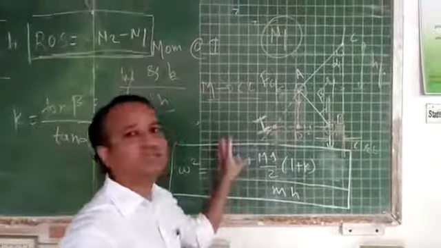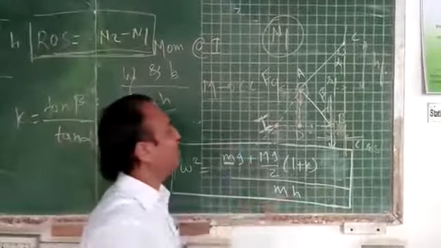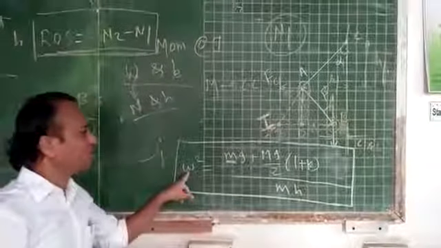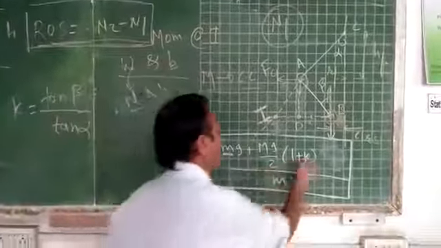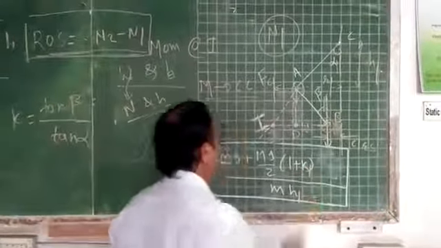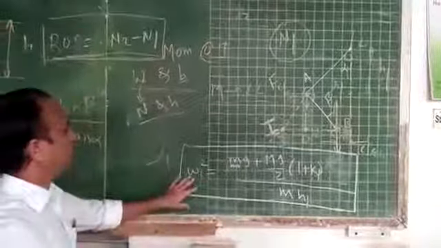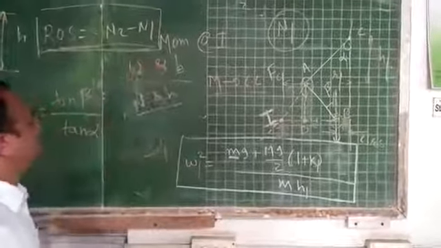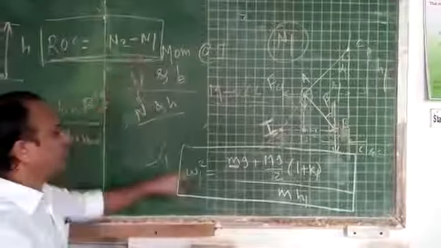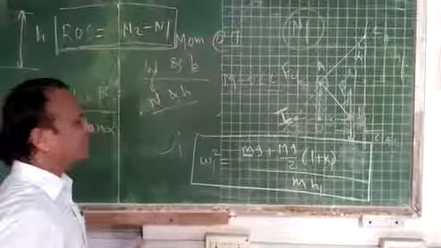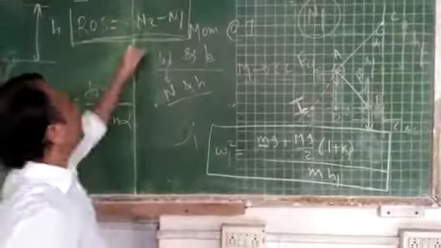For given data, you can calculate n1. So this is w1, k1, h1. After knowing w1, you can calculate n1 because w1 is 2 pi n1 by 60. So n1 you will get.